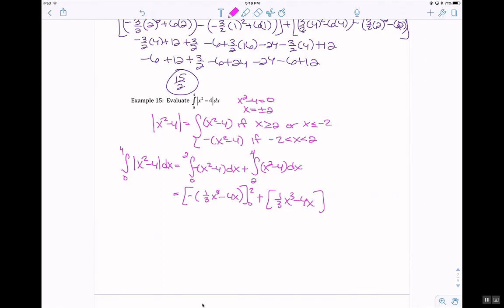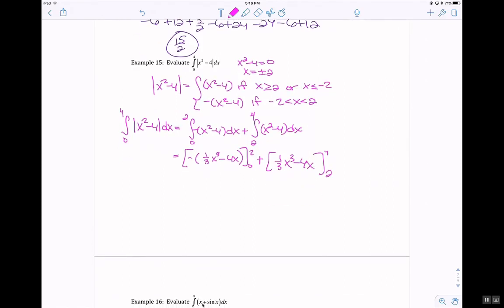So then I get negative, 1/3 times 2 cubed minus 4 times 2, minus 1/3 times 0 cubed minus 4 times 0, and then plus 1/3 times 4 cubed minus 4 times 4, minus 1/3 times 2 cubed minus 4 times 2.